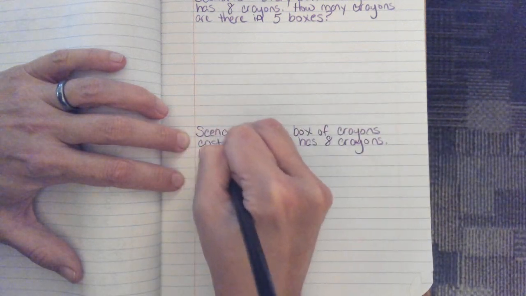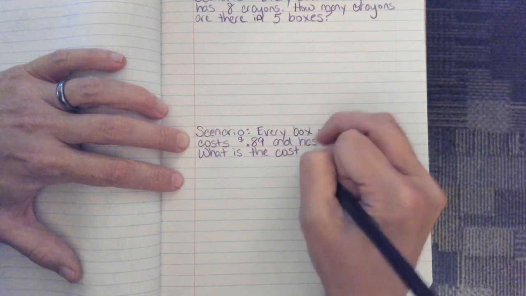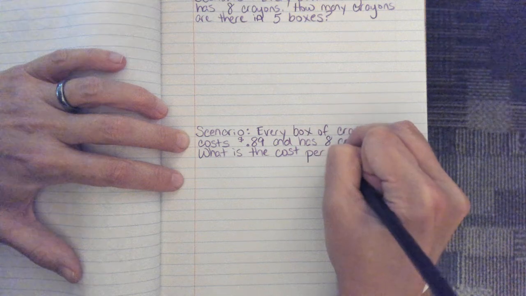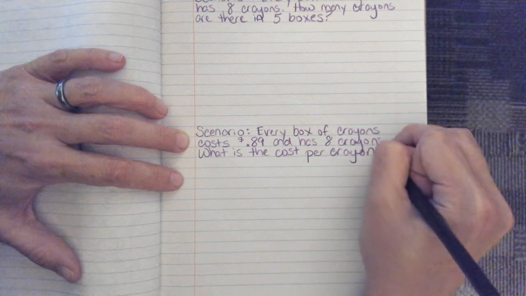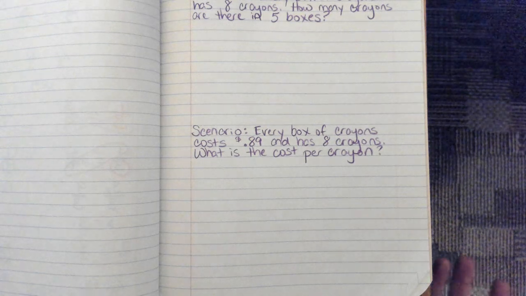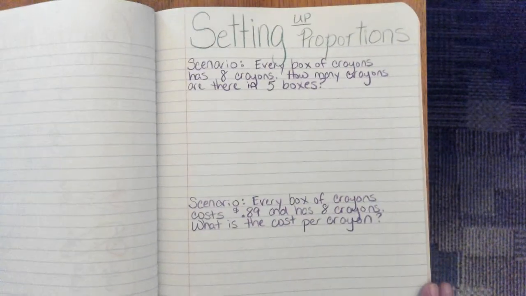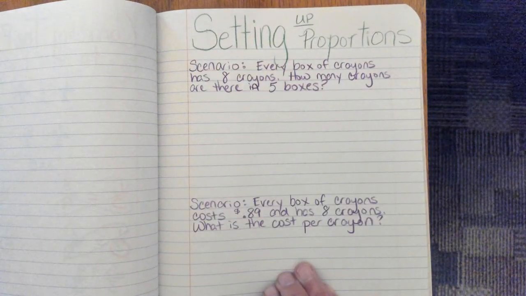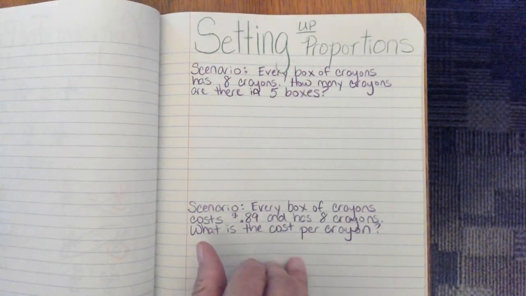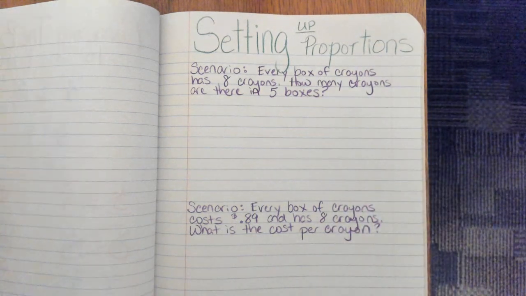What is the cost per crayon? Okay, so that's a little bit trickier. You probably don't have the answer just off the top of your head. So let's talk about how we're going to set these up and why setting up proportions with simple numbers helps us get ready for some more challenging numbers.